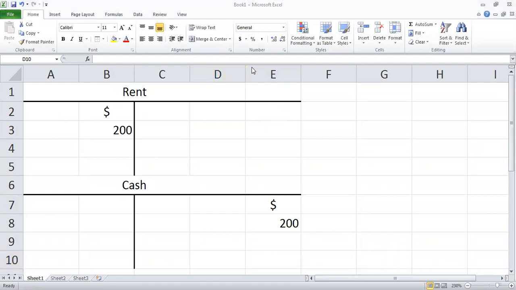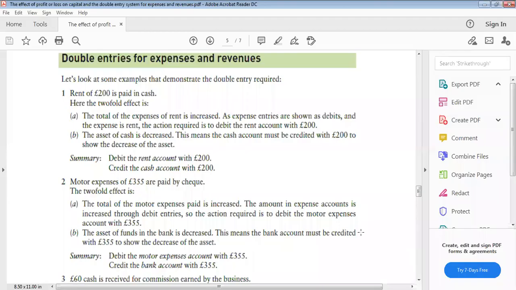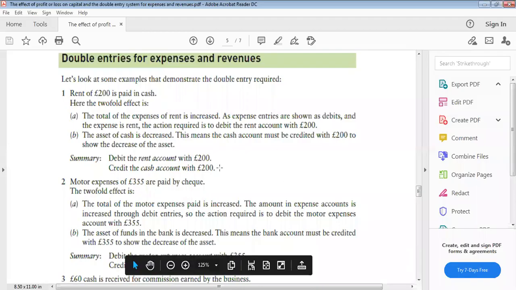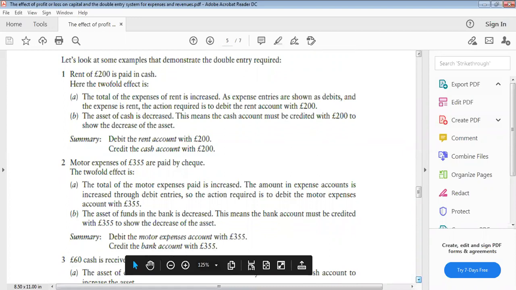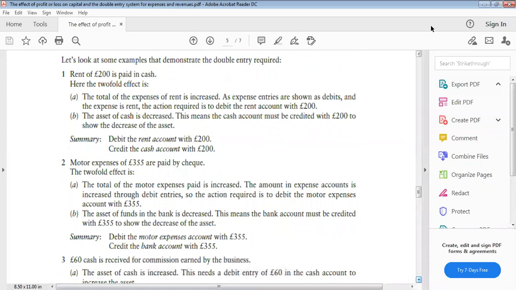I'm going to stop share again and continue. All right, so debit the rent account with 200 and credit the cash account with 200. Then you have more expenses now.